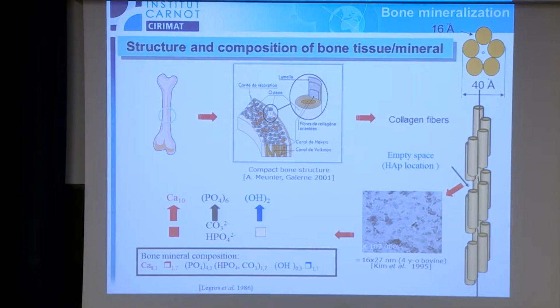And if we look at the bone mineral crystals, here you have a 4-year-old bovine bone mineral, seen by TEM, and you can see that it's made of very thin, irregular platelets. Here I also put the composition of this biological apatite.